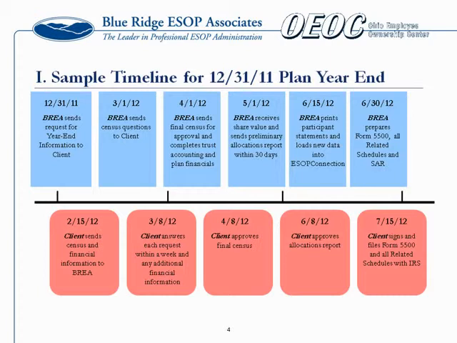Once we have our preliminary allocation done, we send that to you for your approval, and we go through any questions that you may have on it. Once we receive approval from you, then we will go ahead and print the participant statements and certificates, and then they get loaded into ESOP Connection, which is our online viewing of the certificates.